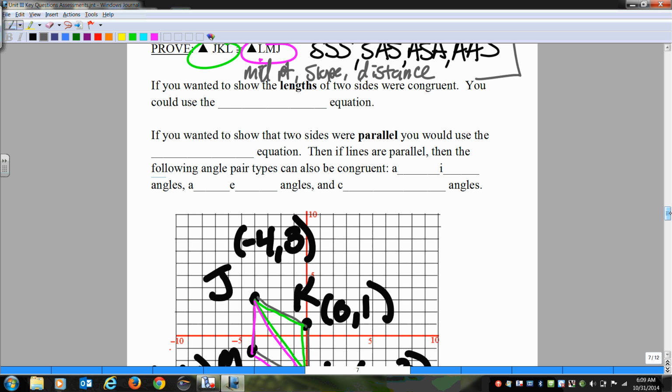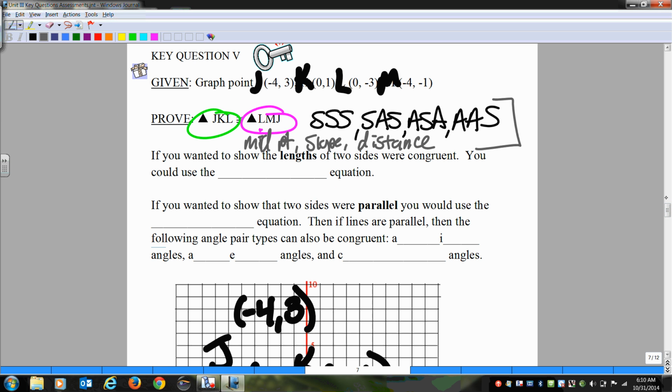So let's go through this logic, and this is the primary logic that you need to teach your classmates. It's very important they understand these 2 concepts. If you wanted to show that 2 sides were congruent, in other words, get a side congruent to a side, would you use midpoint, slope, or distance?